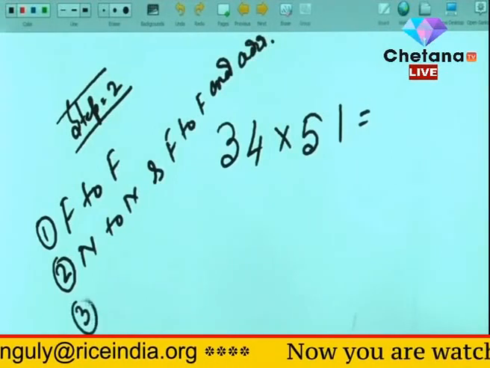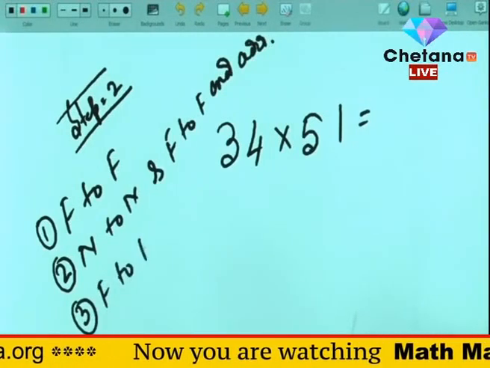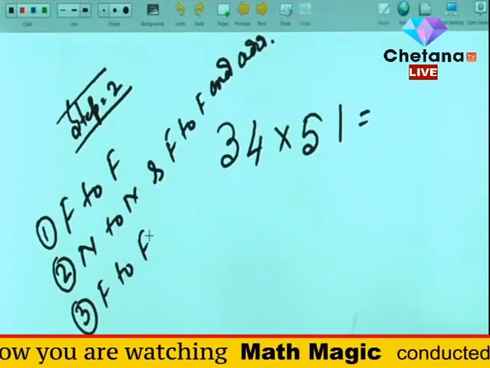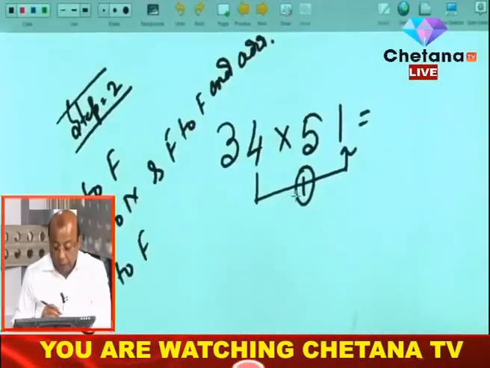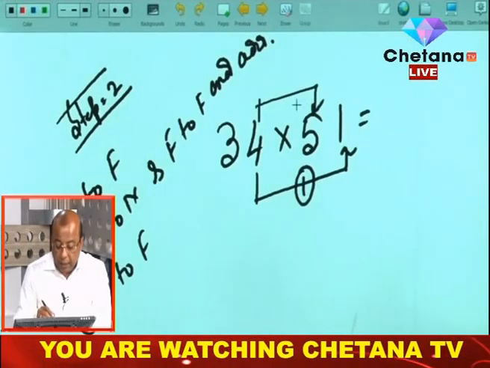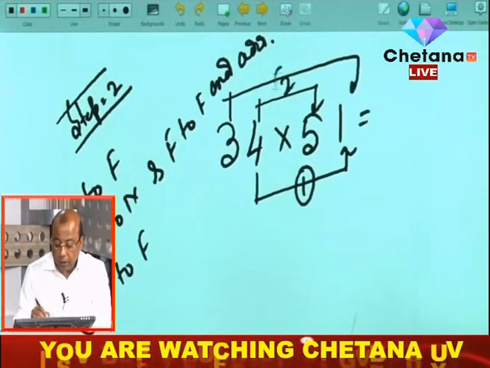Number 3, F to F. Step 1, 4 to 4. What will be the starting point? In case of the 4 to 4, we have to consider the left hand numbers, and the unit place numbers will be the starting point. Here the 4 is the unit place number. So from 4 to 4, number 1. Number 2, near to near and 4 to 4.